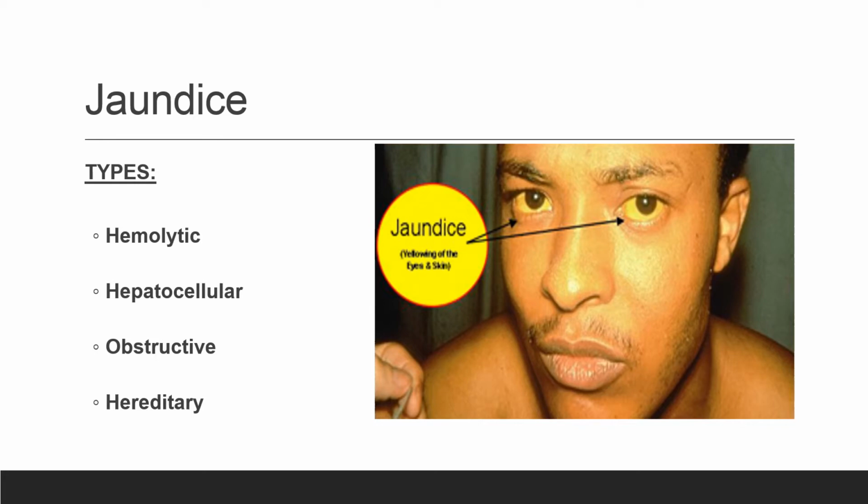Obstructive jaundice, there are two types. It may be an extrahepatic obstruction, meaning there's an obstruction from outside of the liver, or it may be an intracellular or intrahepatic obstruction. And this is the stasis of bile within the liver. So the obstructive type of jaundice may be caused by medications such as statins, sulfonylureas, hormones, or antibiotics.